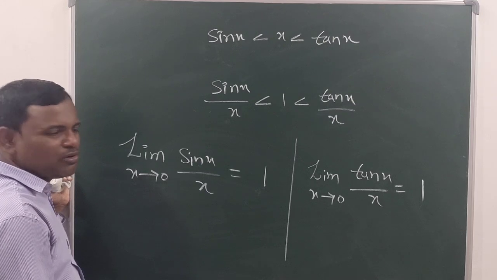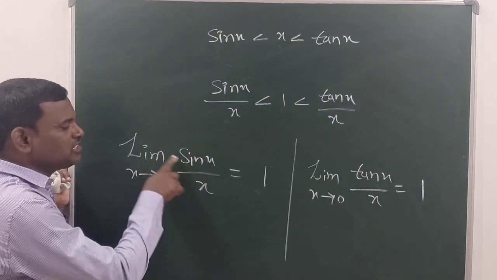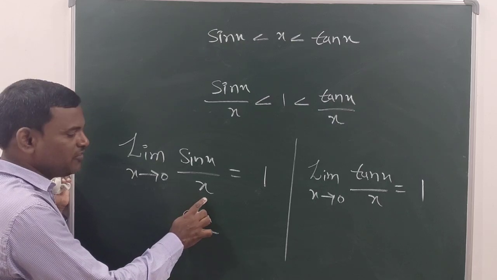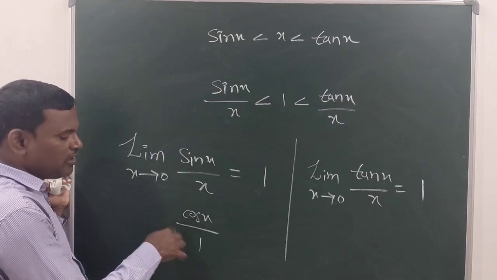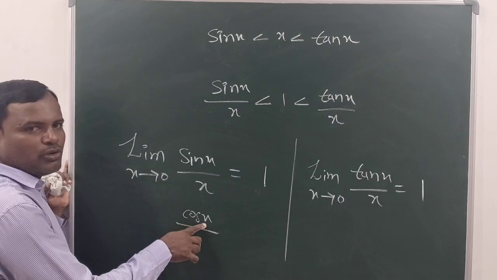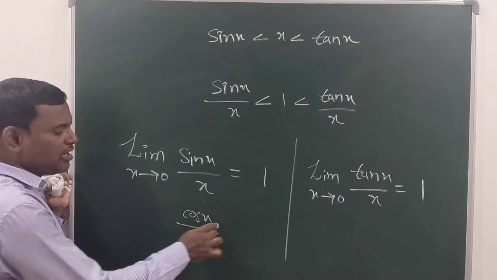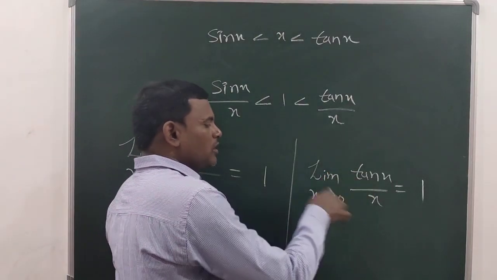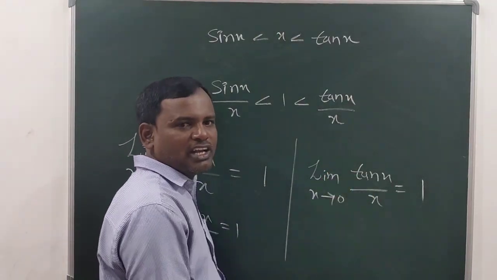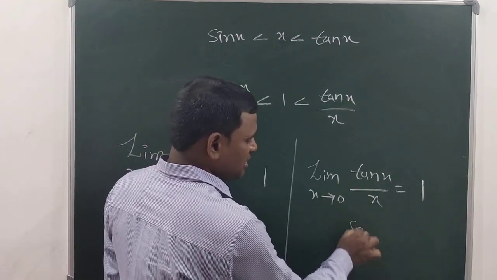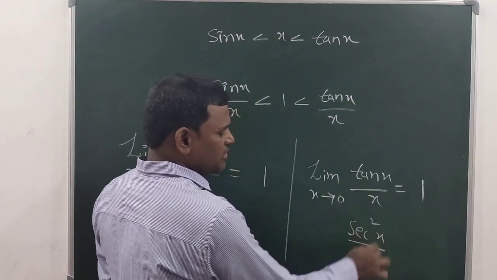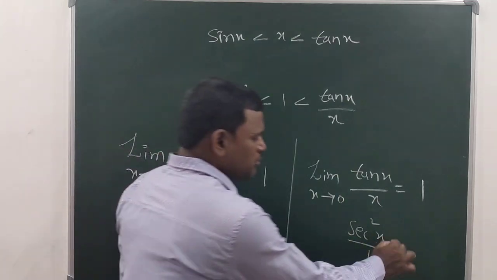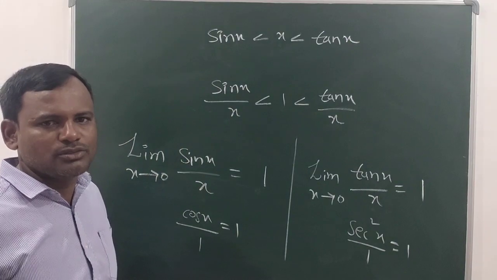We differentiate the numerator to get cos x, and differentiate the denominator to get 1. After differentiation, put x equal to 0. Cos 0 becomes 1. Similarly for tan x, by L'Hospital rule, differentiation gives sec square x, over differentiation of denominator 1, put x equal 0, sec 0 becomes 1. You can answer like this also.